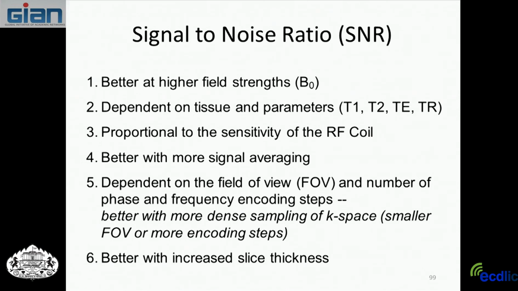It also depends on the field of view and the number of encoding steps that we use. The more densely we collect our data, and the further out into the higher frequencies that we collect, the more detail we're going to see in our image. And it's better when we increase our slice thickness as well.